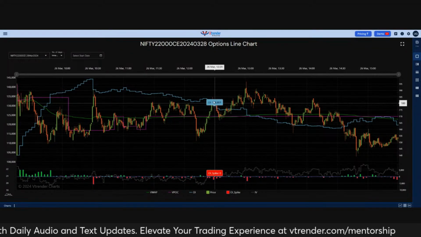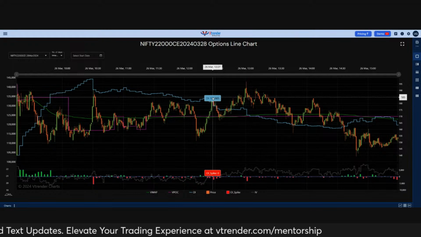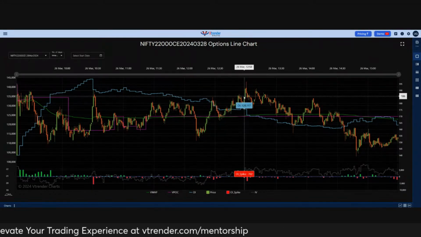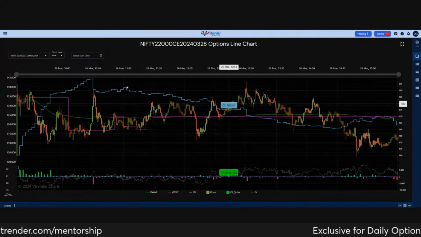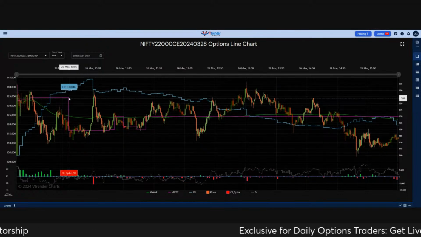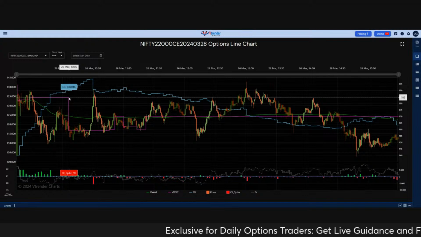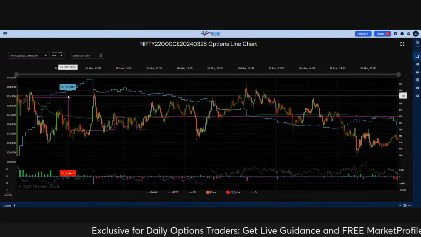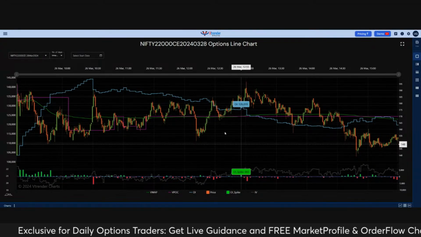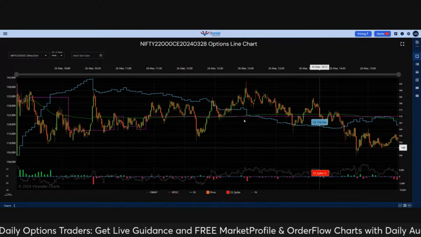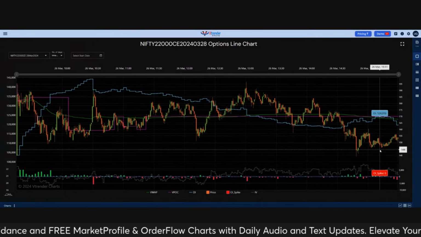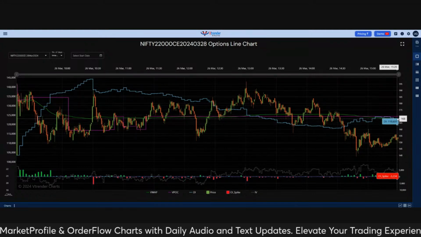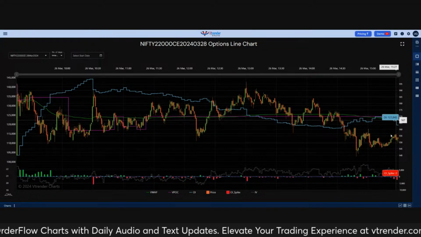When we come to that 185 level, we are not able to sustain and we come back lower. So this 185 POC would be one reference for tomorrow and the day after. This is one reference which we will have to mark out in this particular call option. And on the downside, we will have to see if it can sustain above the POC and VWAP of today, which are at 170 and 167 respectively.